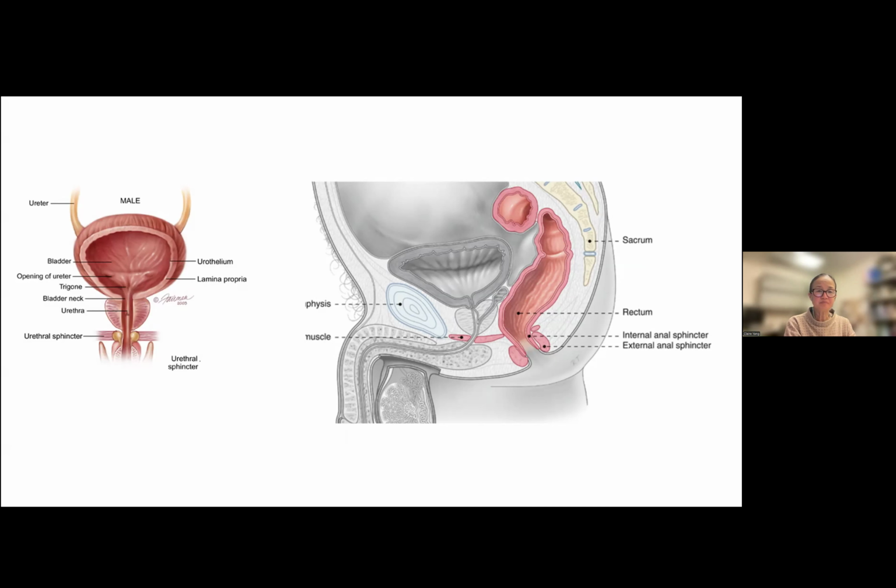There are a lot of women who are aggressive wipers, if you will, and abrade their urethra, and that can result in dysuria, pain with urination.